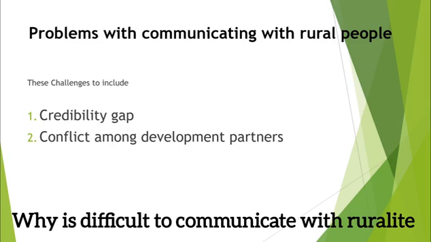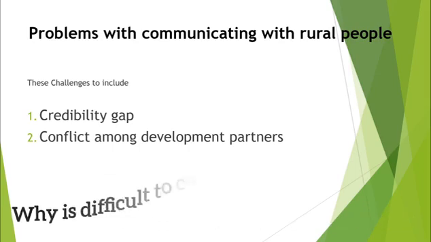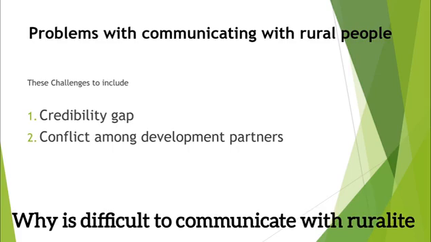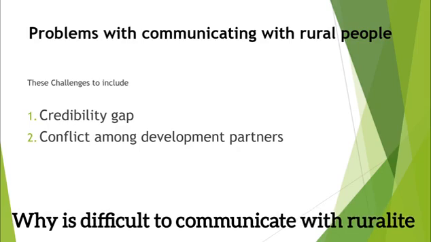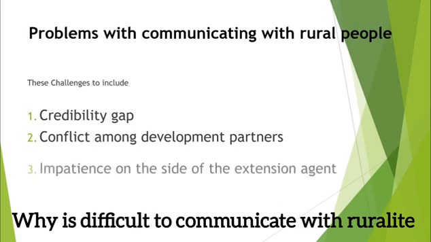At such points, it's very difficult for extension to communicate effectively with the farmer. It becomes very difficult since the development partners are not working together to achieve the same goal. So when that happens, it becomes a problem to communicate with the rural people.